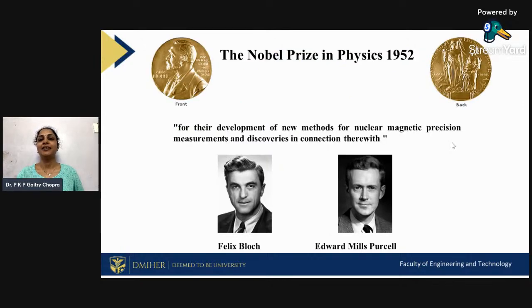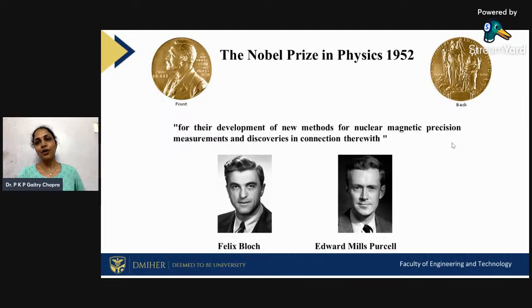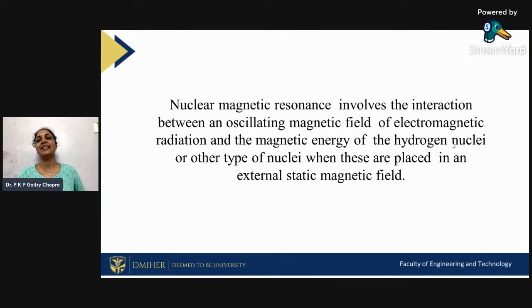The very first Nobel Prize regarding NMR was given in physics in 1952 to two very renowned scientists who had worked for the development of new methods for nuclear magnetic precision measurements and discoveries in connection therewith. They worked separately: Felix Bloch and Edward Purcell.